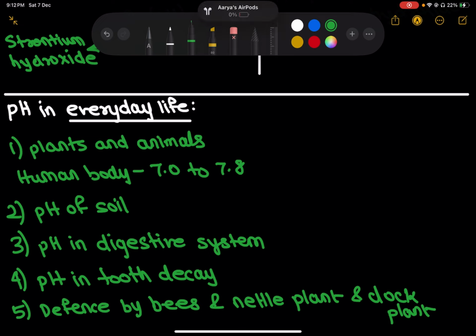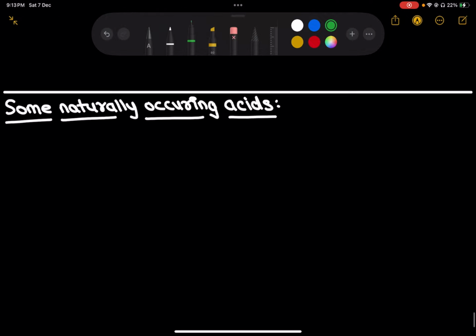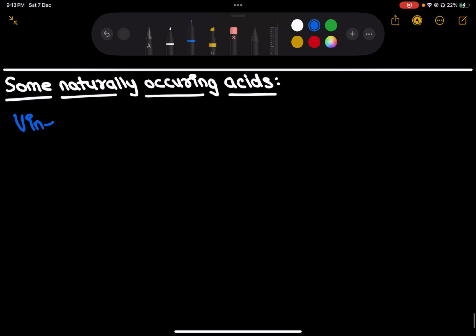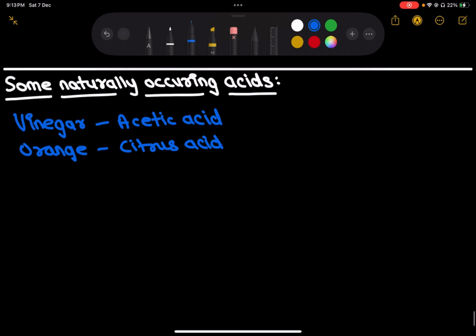So now we'll go on to the last topic, which is some naturally occurring acids. Let's see them one by one. So vinegar contains acetic acid. Orange, lemon, all of these contain citric acid, citrus fruits, right?